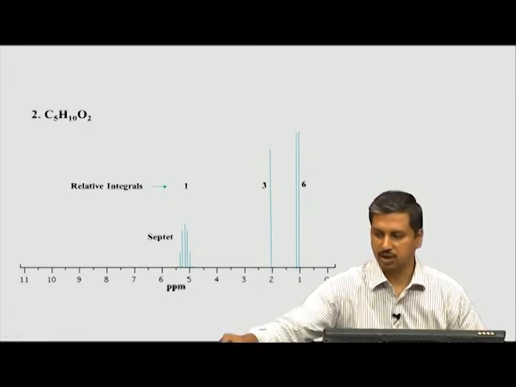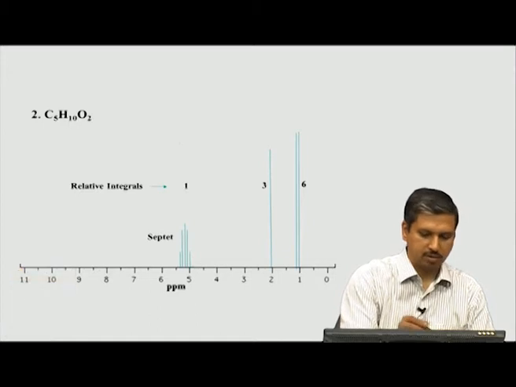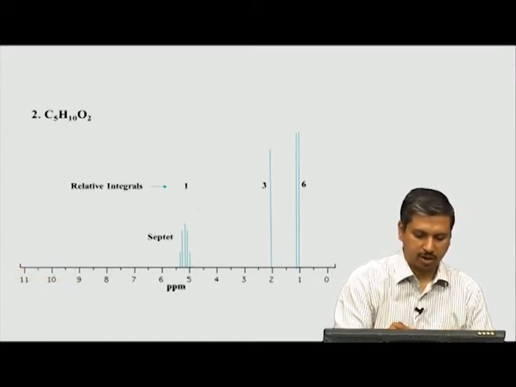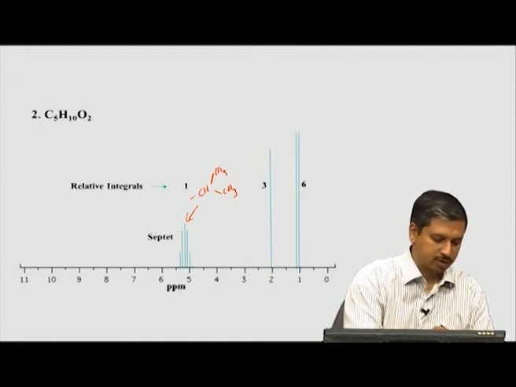So, we have a spin system where this particular peak is probably coming from a CH, 1 hydrogen, coupled to 2 CH3s. Only then, 3 plus 3 is 6, plus 1 is 7, do you expect 7 peaks for this. So, basically this is an isopropyl moiety.